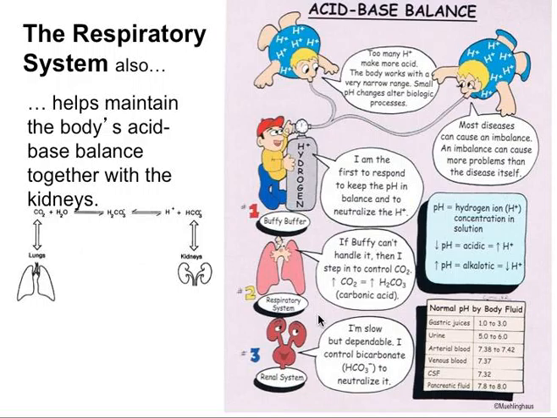The last system that is part of this whole triad is the renal system, because the kidneys are in charge of making the bicarbonate ions. And as the system's long-term needs go up, the kidneys can make some more. So that's basically how we do that. That's a pretty important part of the function of the respiratory system.